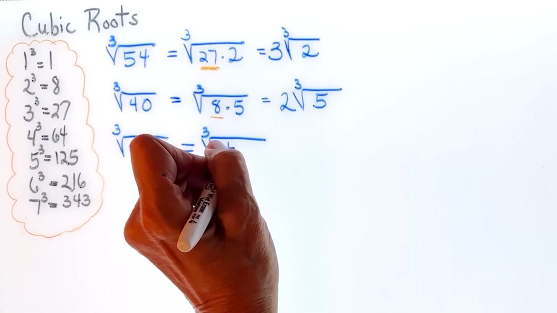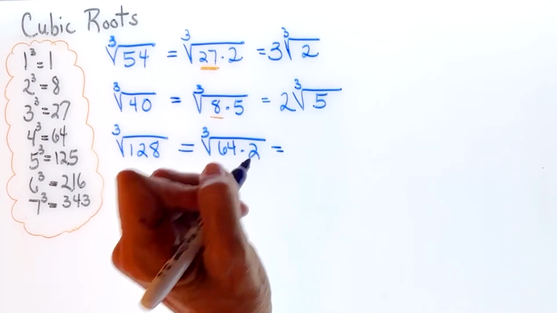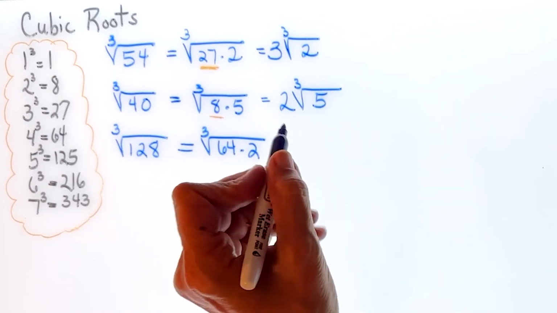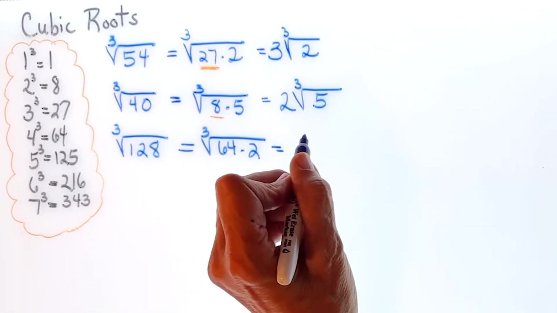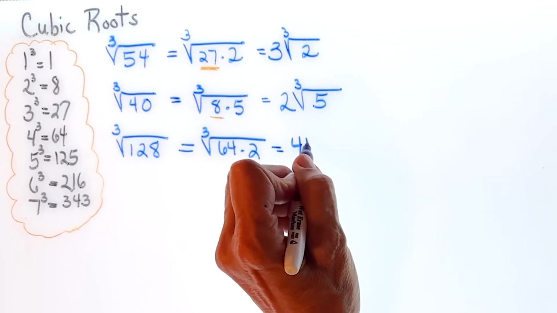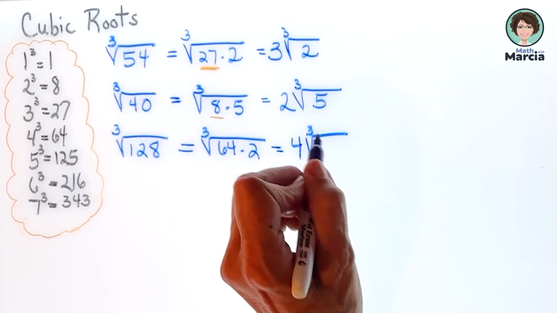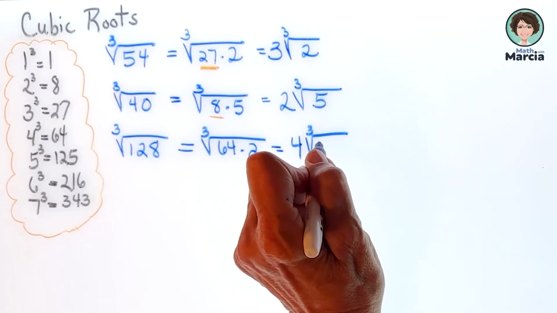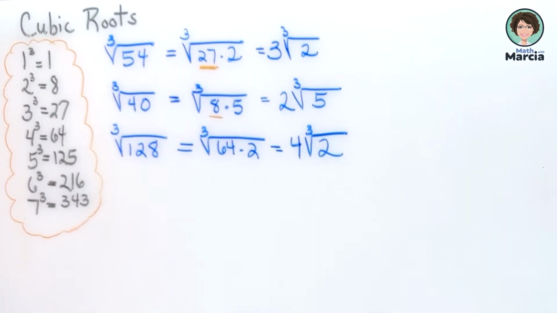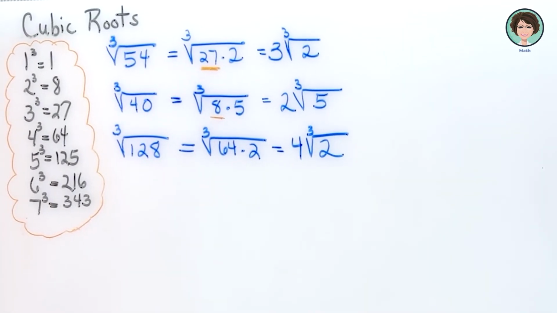So 64 times 2. So I'm going to take the cubic root of 64, which is 4, and inside the cubic root is just your 2 that's left. So it's 4 cubic roots of 2.